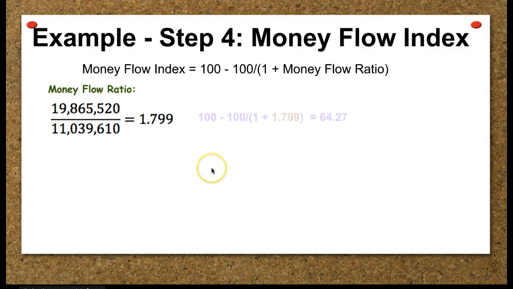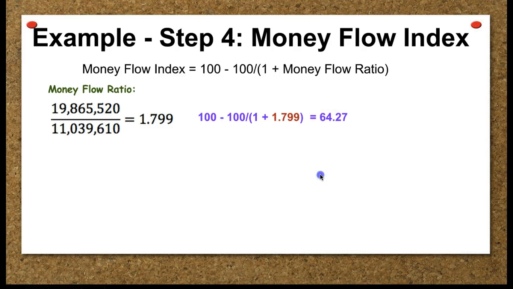So let's look at our first example. I've taken our first money flow ratio of 1.799, and I've plugged it in. So the way I calculated 64.27 is I added 1 to 1.799 to get 2.799. And then I took 100 divided by 2.799, and I took that total and subtracted it from 100 to get my money flow index.